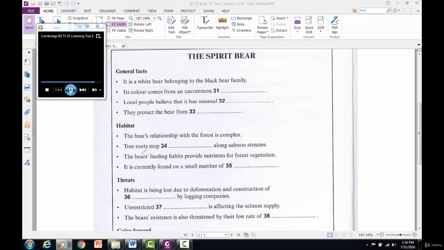Today, the spirit bear lives off the coast of the province of British Columbia on a few islands. There is great concern for their survival, since it is estimated that less than 200 of these white bears remain. The best way to protect them is to make every effort to preserve the delicate balance of their forest environment. In other words, their ecosystem.